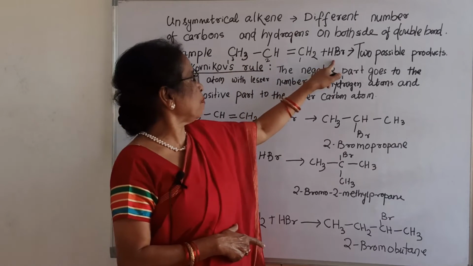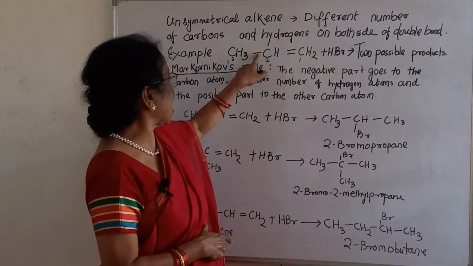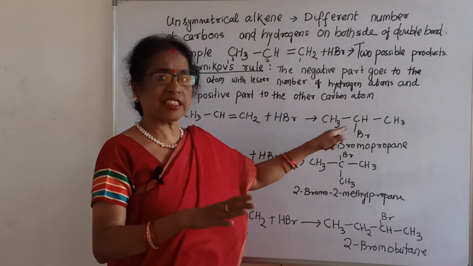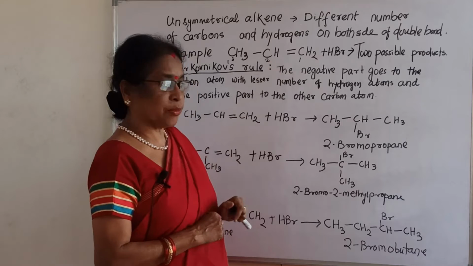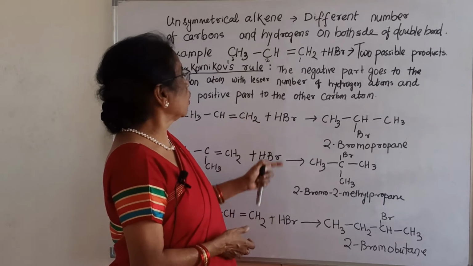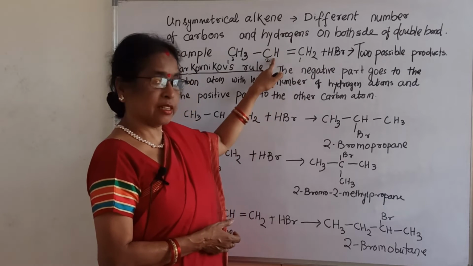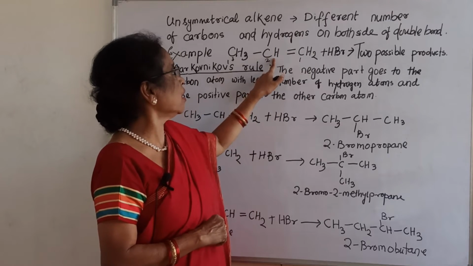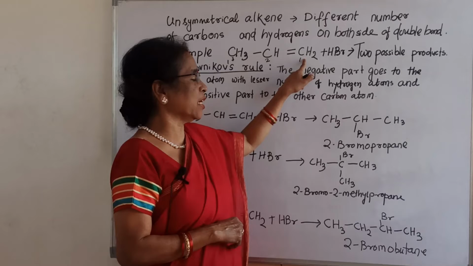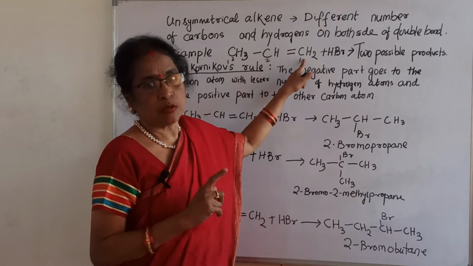So the negative part goes to the carbon which has the lesser number of hydrogen atoms and the positive part goes to the other carbon. That means Br goes to the carbon at position 2 and hydrogen goes to carbon 1.